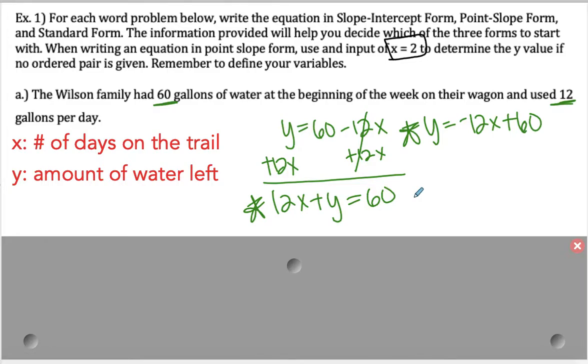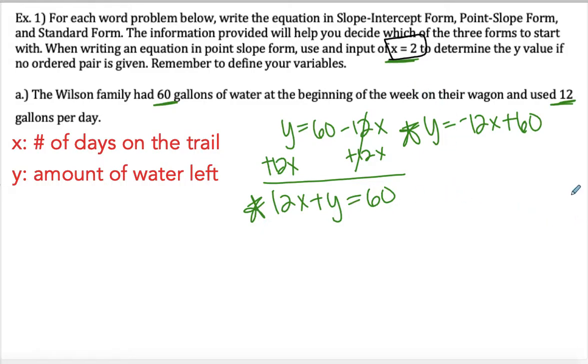And the third format is point-slope. We did not get an ordered pair given to us, but remember, we're going to use x equals 2 when not. And so we don't have the y. We're going to use the slope-intercept form to find that y value. So I can plug in my x of 2.